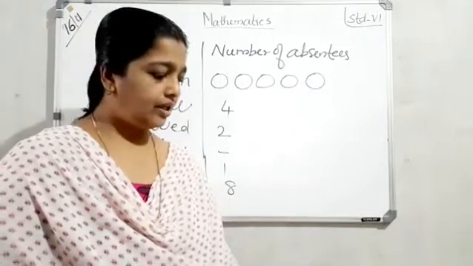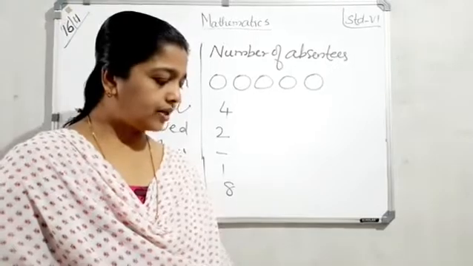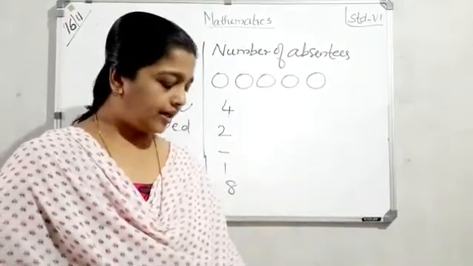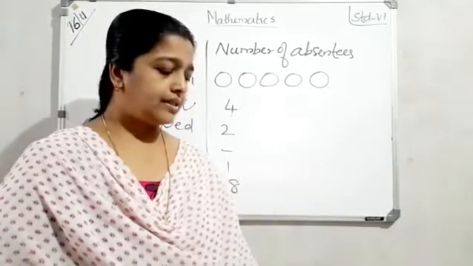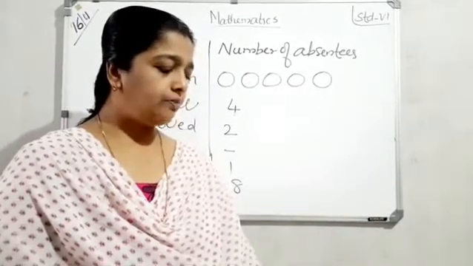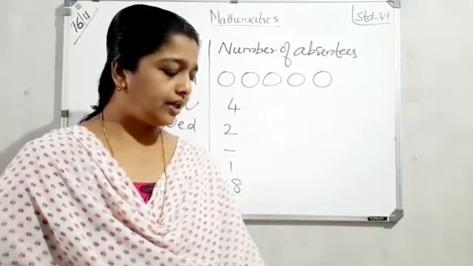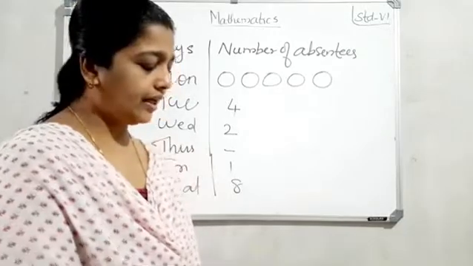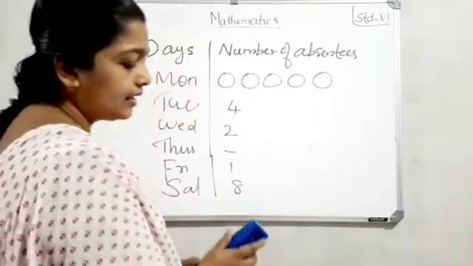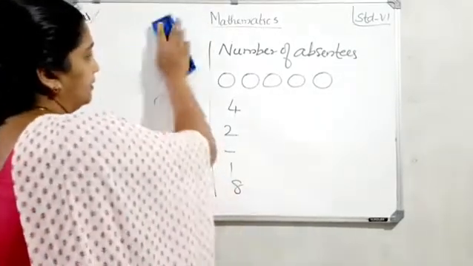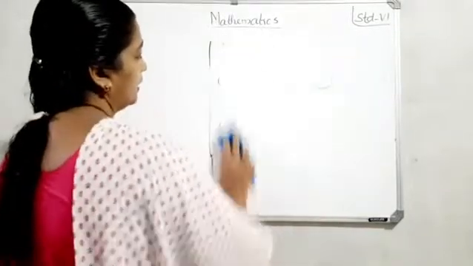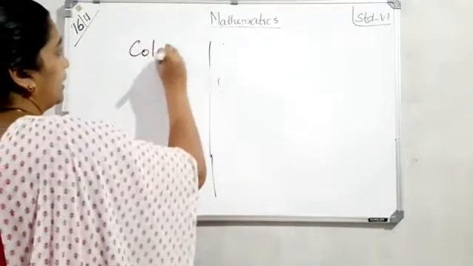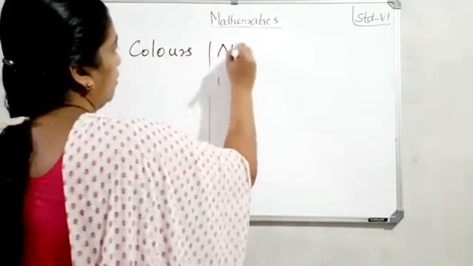Clear? Next question, page number 190, example 4. Listen. The colors of fridges preferred by people living in a locality are shown by the following pictograph. Here we are given two items: colors and number of people.